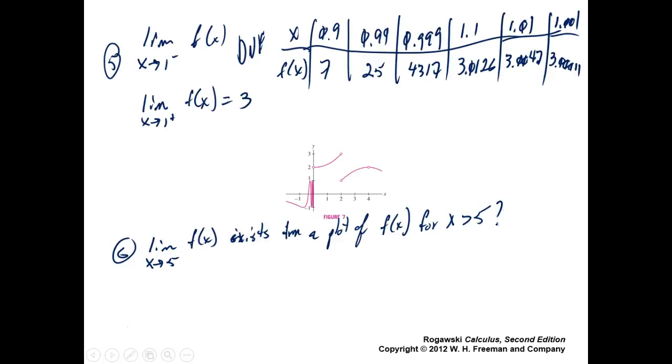Can you tell if the limit of f of x exists, as x approaches 5, from a plot of f of x for x greater than 5? Can you tell if that exists or not?